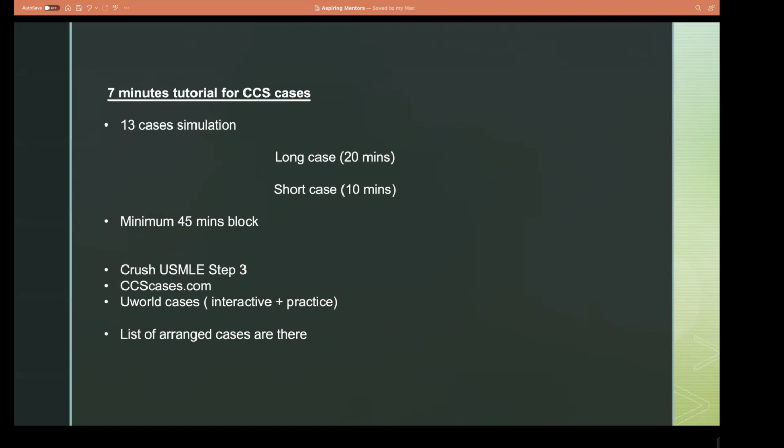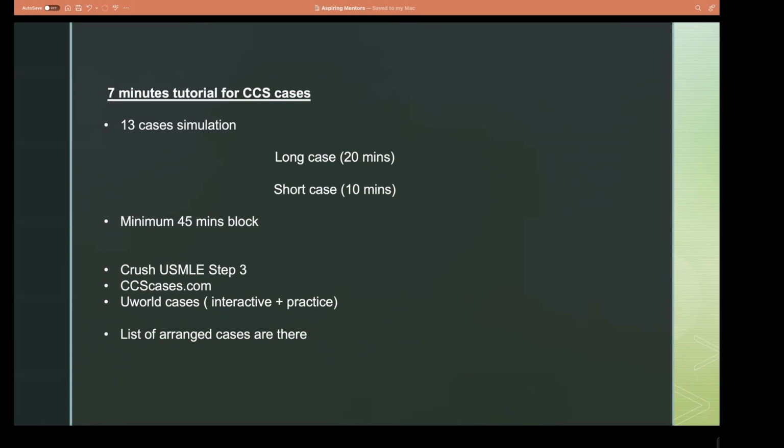Why am I focusing on this? Because people told me that the website in the real exam will be exactly similar to ccscases.com, but it was not like that. It was different. And this is the thing that I noticed one day before my exam when I was practicing on the NBME orientation website.